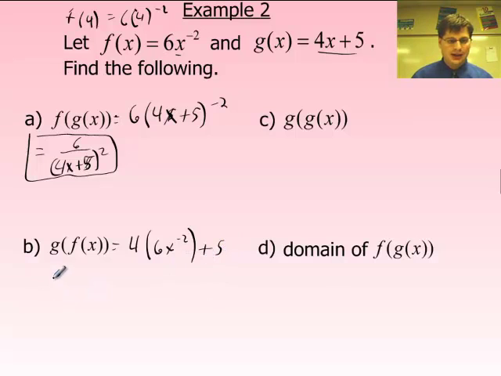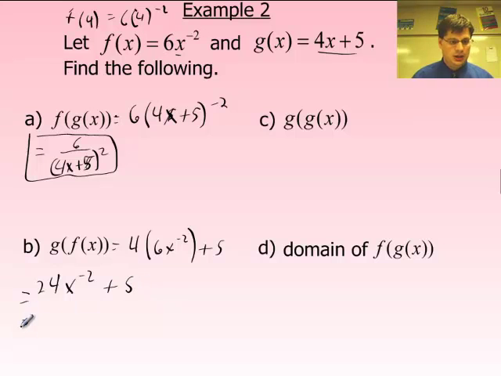Only the x is going to drop into the denominator here, and I'd multiply the 4, so I'm going to multiply this as 24, x to the negative 2, plus 5.